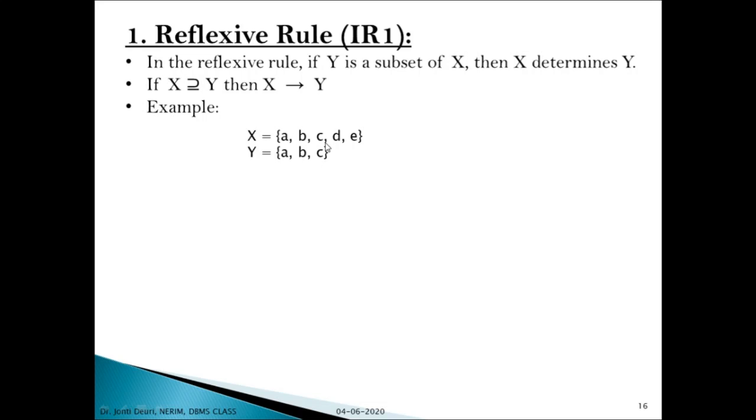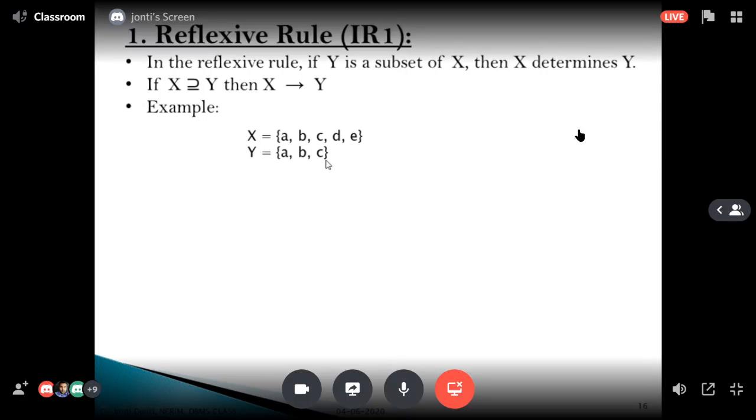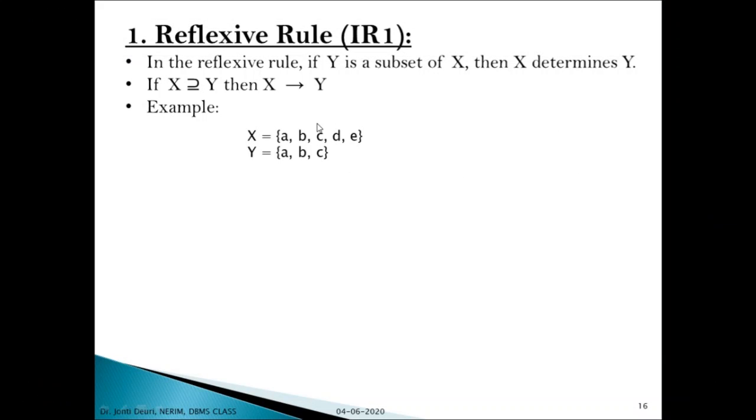So in this case we can write X determines Y. By seeing this type of relation, from X we can determine Y, right? So this is the reflexive rule.